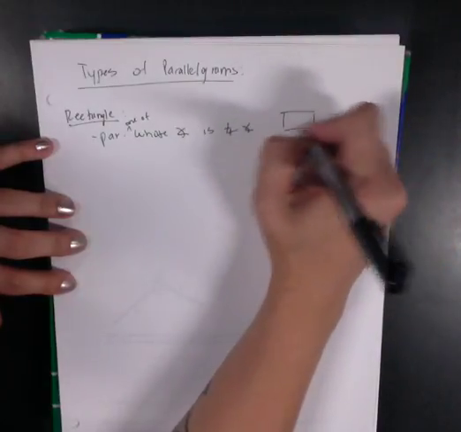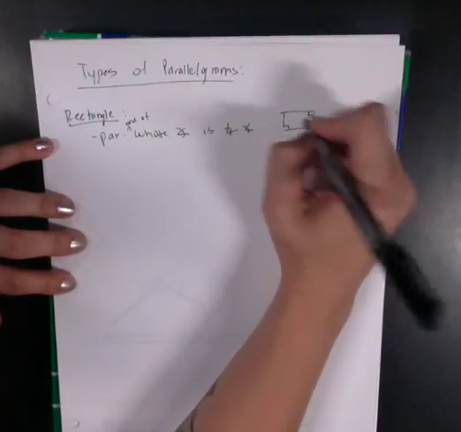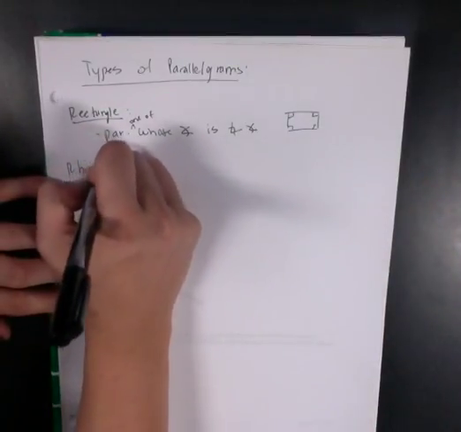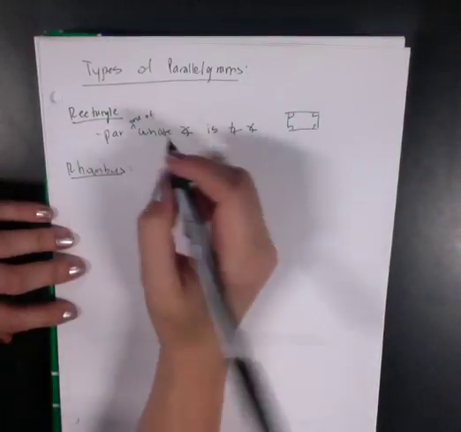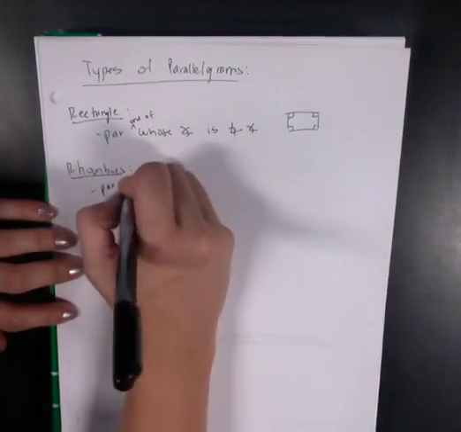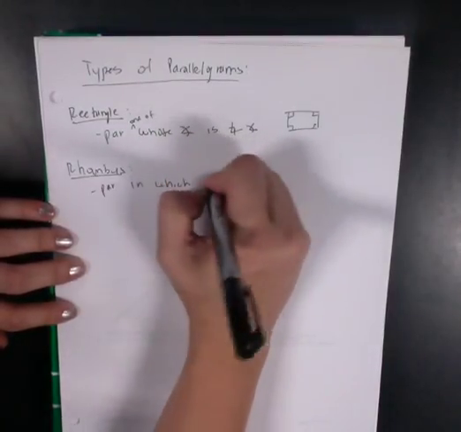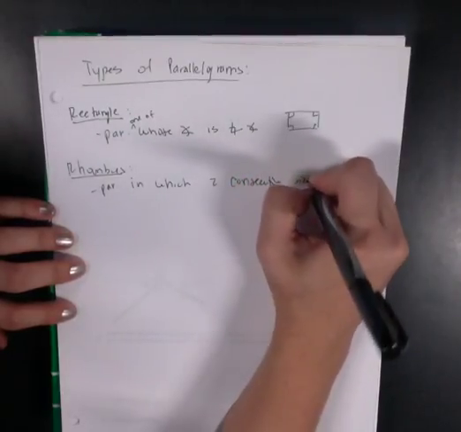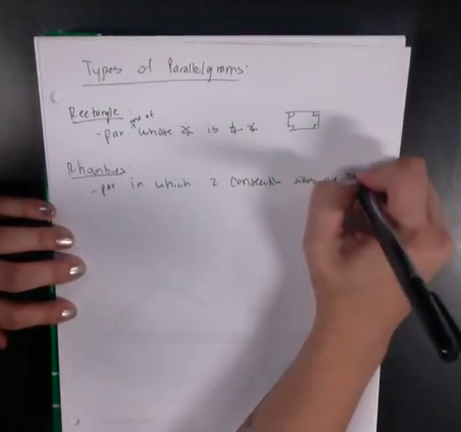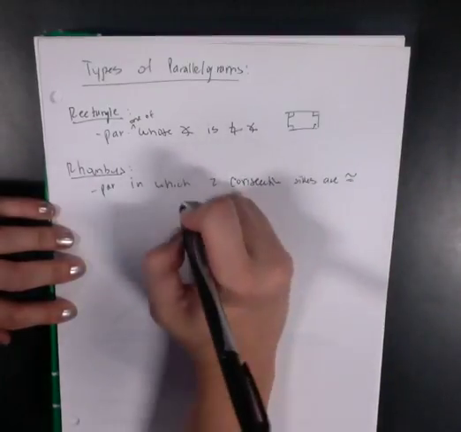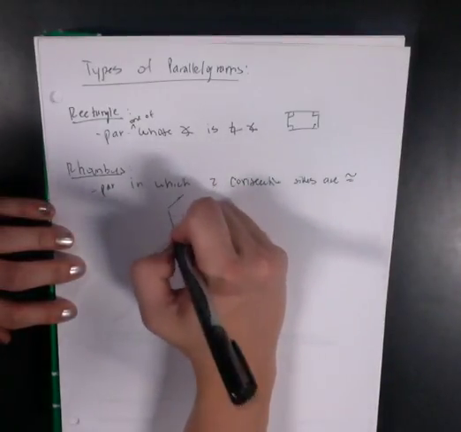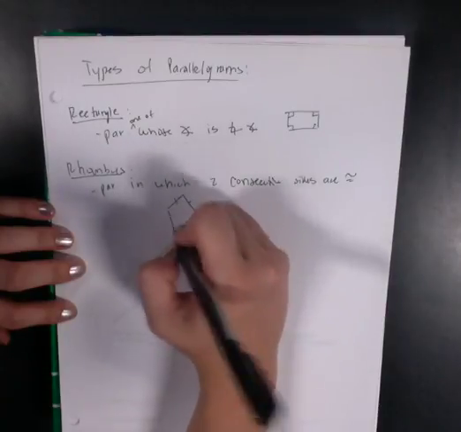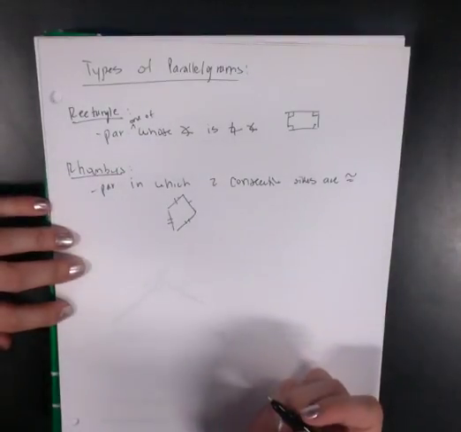We know that this is true. These angles are right angles. A rhombus is a parallelogram in which two consecutive sides are congruent. So here's a rhombus. We typically see it like this. It tells me that these sides and these sides are congruent.